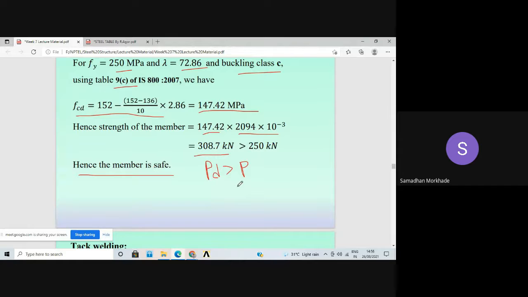If you are using bolted connections, then assume the diameter of bolt 16, 18 or 20, grade of bolt 4.6. Calculate VDSB, calculate VDPB based on the diameter of bolt, assume your end distance and pitch distance suitably.